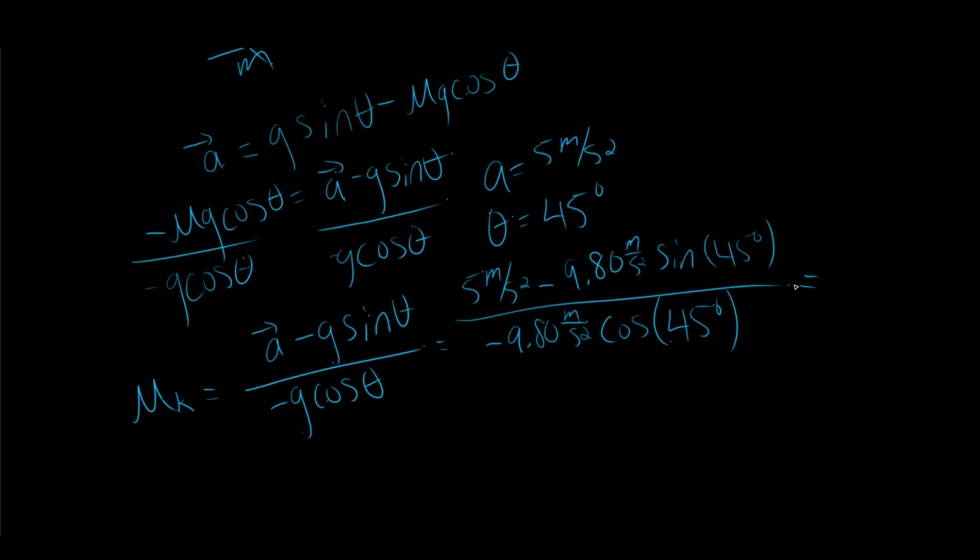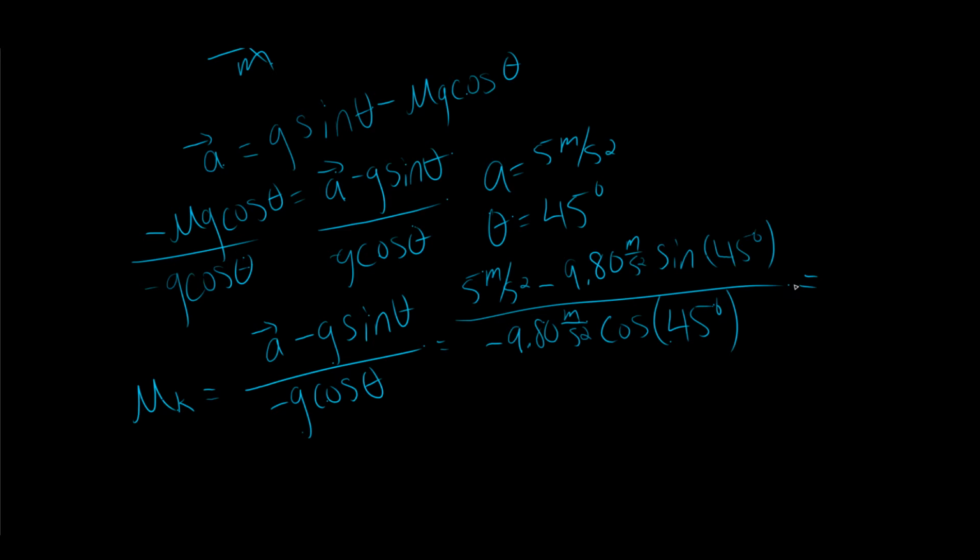So I'm going to do this on my calculator real quick and see what I get. 5 minus 9.80 sine of 45 over negative 9.8 times cosine of 45.